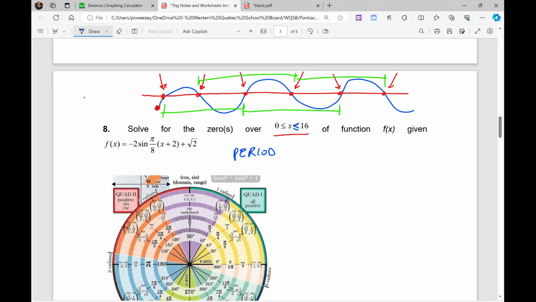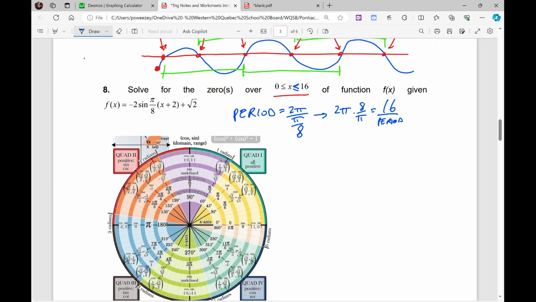I can find the period because it's 2 pi divided by pi over 8. Again, this is just a fraction game. 2 pi divided by pi over 8 is just multiplied by its reciprocal. The pi's cancel each other out, which leaves me with 16 as the period. So the cycle repeats every 16 units. That's going to be important later on.